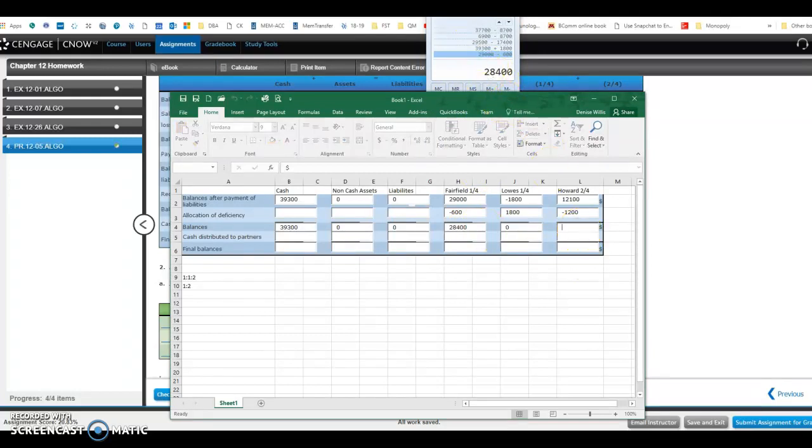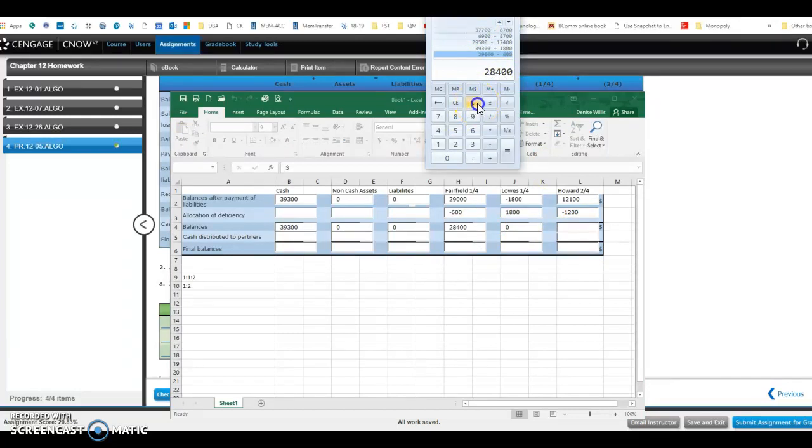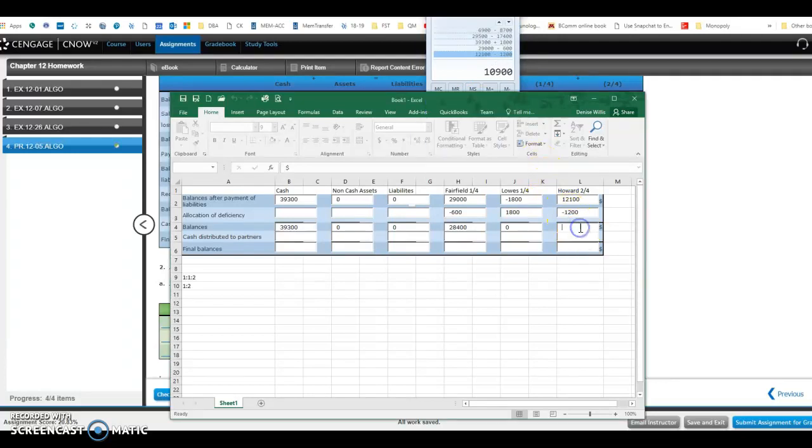And this one over here, we got 12,100 minus 1,200 is 10,900. Great. Okay. So now if we were going to distribute the cash, all 39.3 of the cash is going to go away. We're now going to give these the amount of their capital account. And when we're done, everything is zeroed out again.